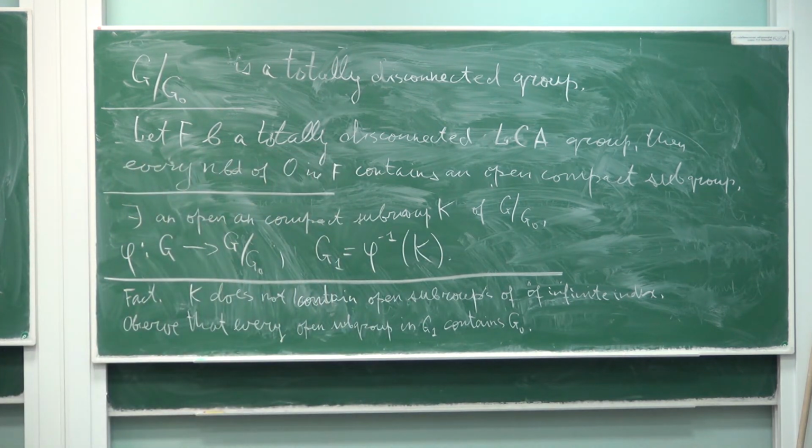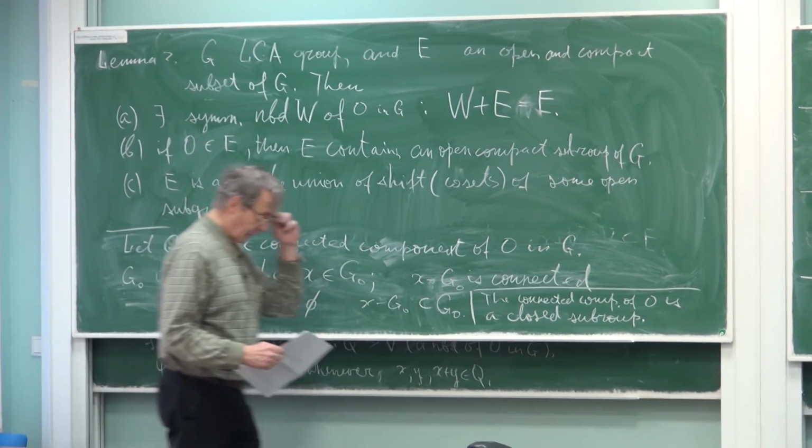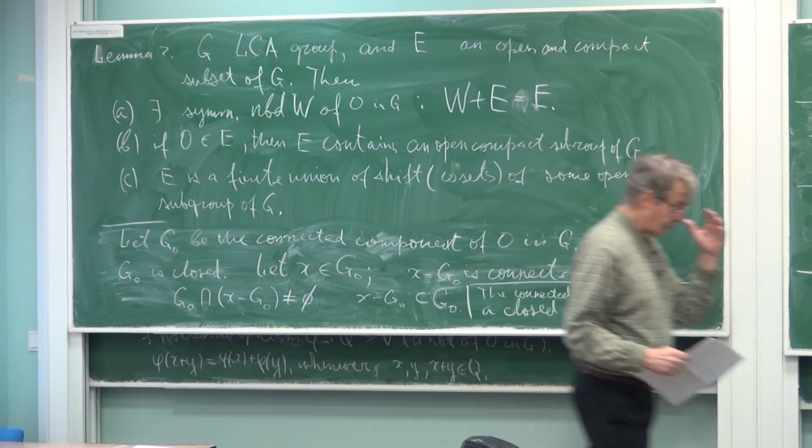This is again because of connectedness, because G0 is the connected component of 0.